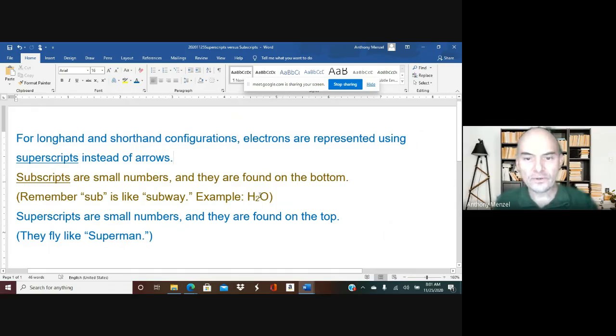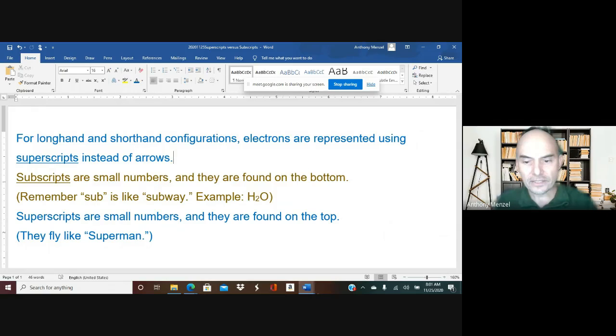Example would be the 2 in H2O. The 2 is a subscript. It's a small number and it's found on the bottom of the formula. Superscripts are small numbers as well, but they're found on the top. And super means you're above. So remember, it's kind of like Superman that's flying.